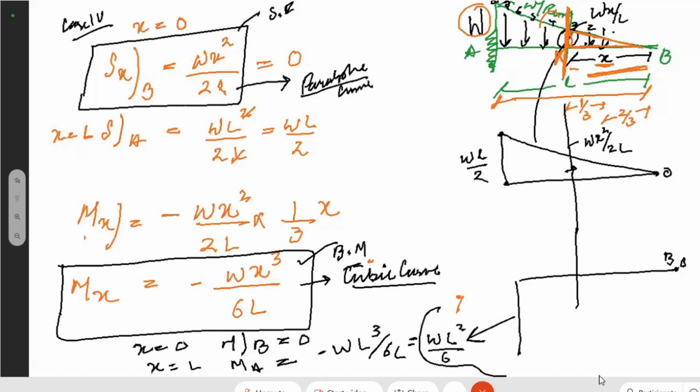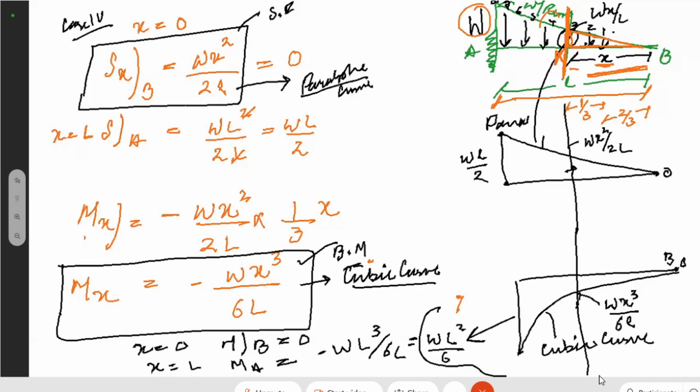But at any point x it has varied. Now it has a dip curve. For cubic, that equation was Wx cube by 6L, and this has varied in a cubic fashion. This is your cubic curve, and this is your parabolic curve.